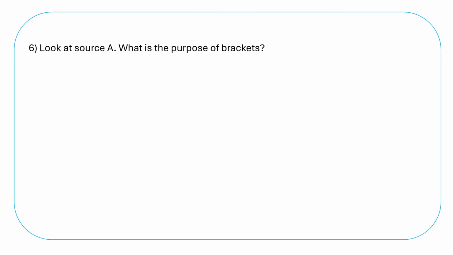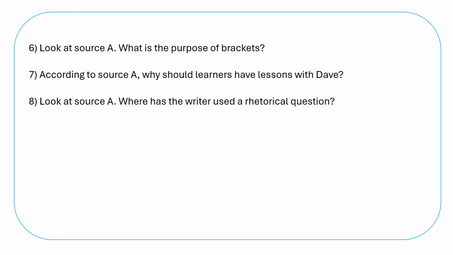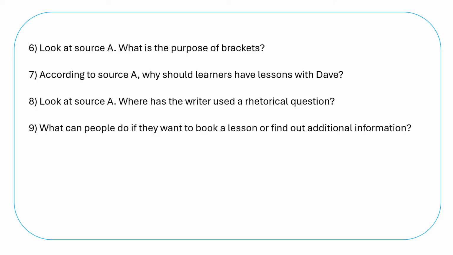Number 6, look at source A. What is the purpose of brackets? Number 7, according to source A, why should learners have lessons with Dave? Number 8, look at source A. Where has the writer used a rhetorical question? Number 9, what can people do if they want to book a lesson or find out additional information?